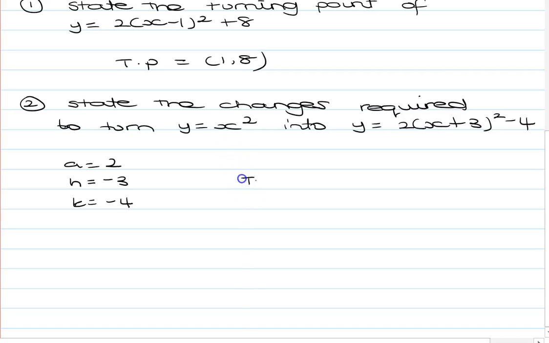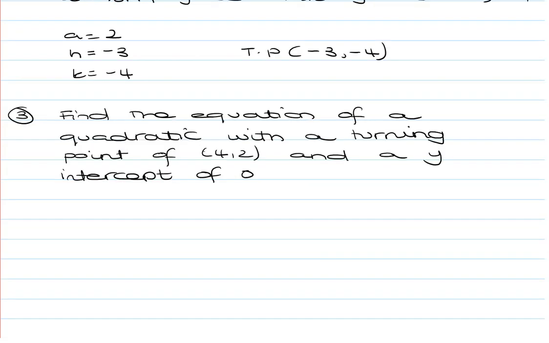We also have a turning point at (negative 3, negative 4). Don't forget that tells us our axis of symmetry, if we were required to give the equation, is the line x equals negative 3.